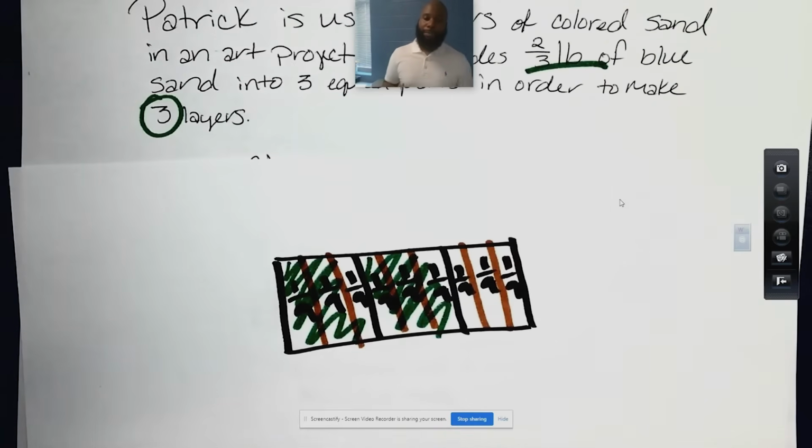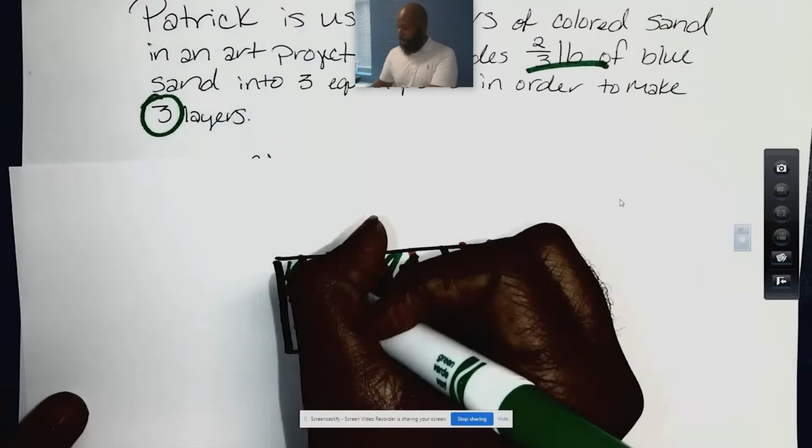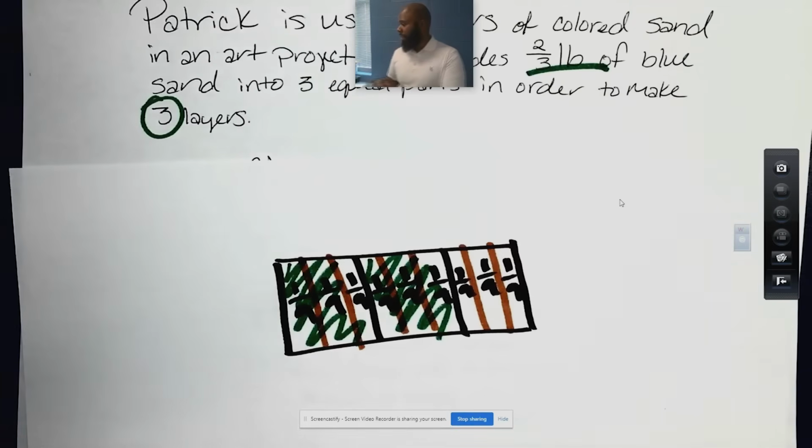Now, what do we do next? Yes, we have to divide this into sand for the 3 layers. So I need to know how much sand each layer contains. So now I'm going to divide it into my 3.